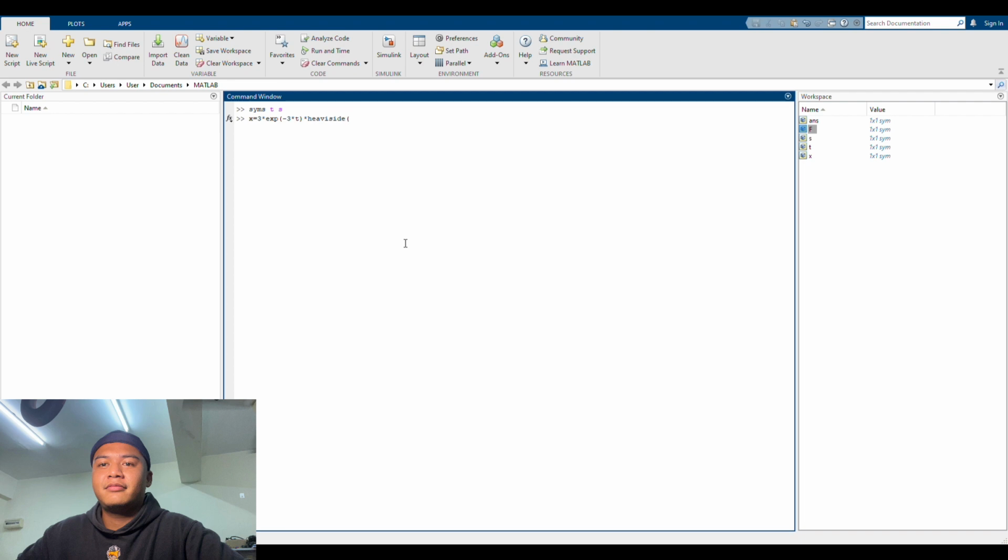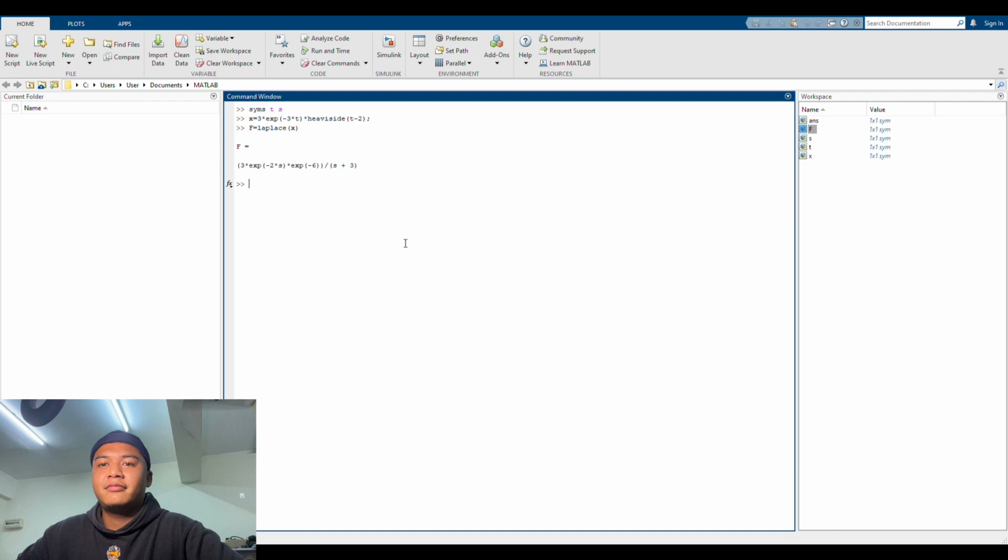That means in formula it is h(t minus 2), semicolon. Then find the Laplace: F equal Laplace x.